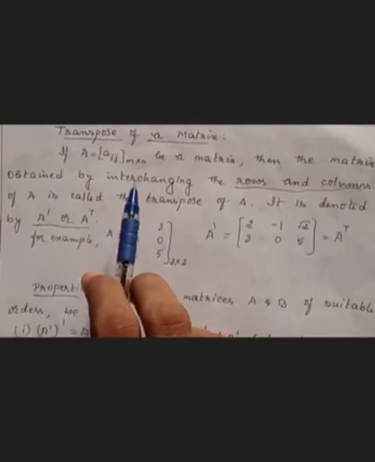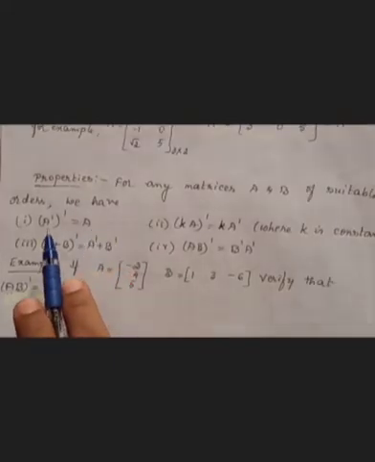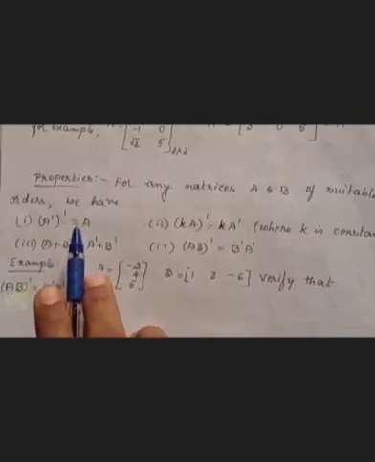There are some properties, and these properties are important. For any matrices A and B of suitable order, the first property is A dash of dash is equal to A. That means if you take the transpose of a matrix A and then take the transpose again, it becomes the matrix A itself.